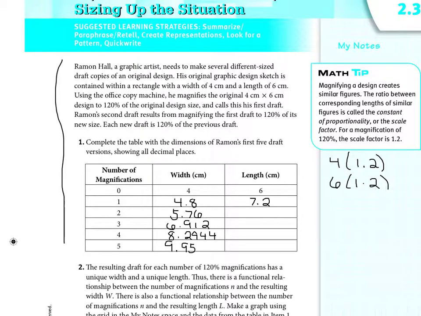So what are we actually increasing by, though? Well, 100% would be the exact same. It wouldn't change at all. So our design is actually increasing by 20% each time.